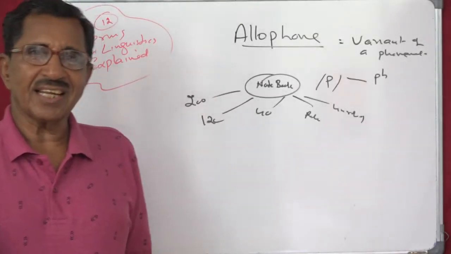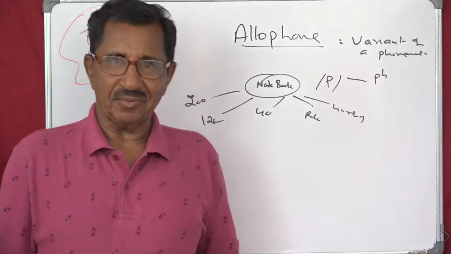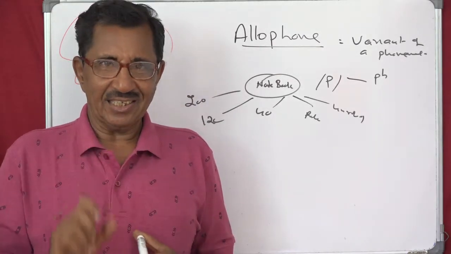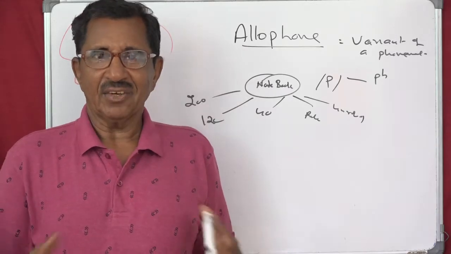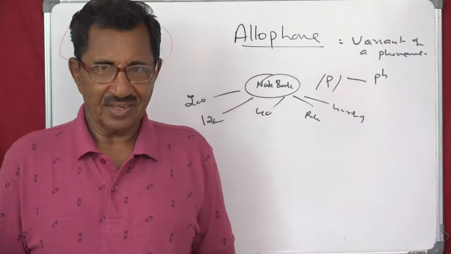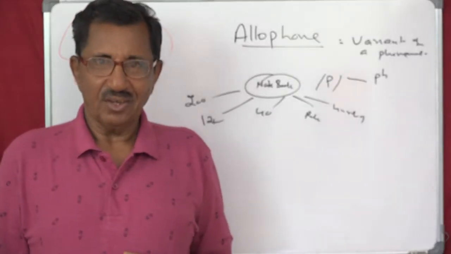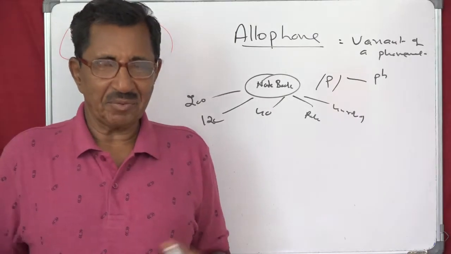Understand? Or you can take jalebi. You have white jalebi, red jalebi, yellow jalebi, depending on the color. If no color, white. If red, it is red jalebi. But all the three are jalebis. They are variants, variety. Understand? Or you take the example of cake.